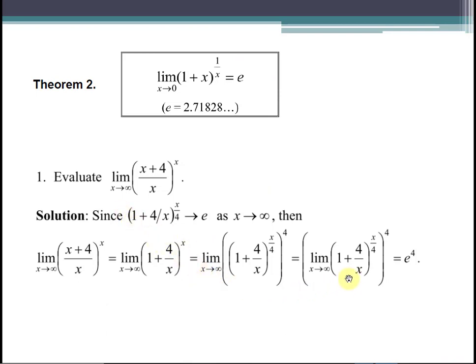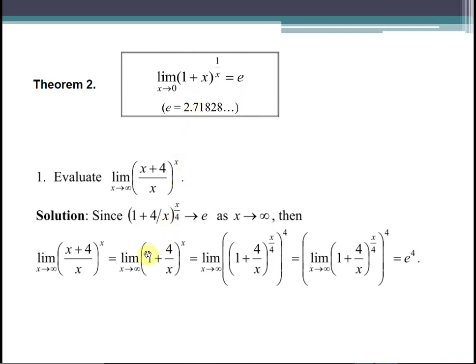Here is the same example which I mentioned. The limit as x tends to infinity now, not 0. Look here, we have a difference between them. So we can change 0 with infinity, and then it changes the expression also.